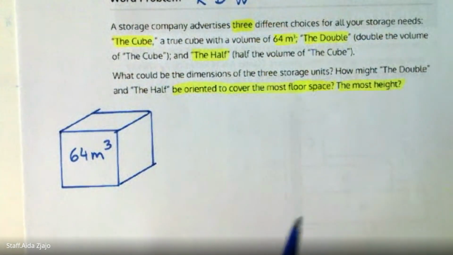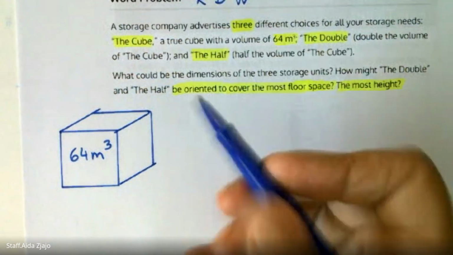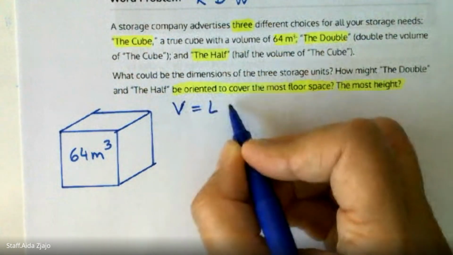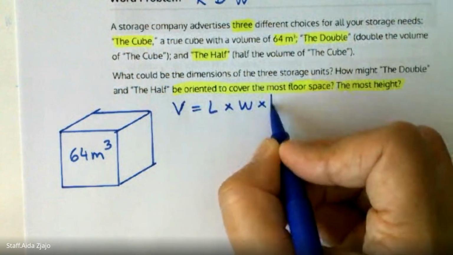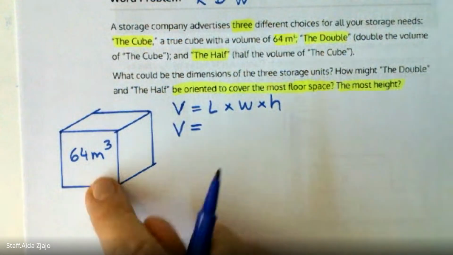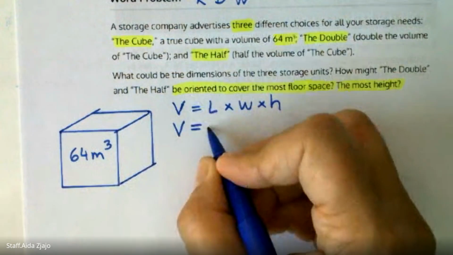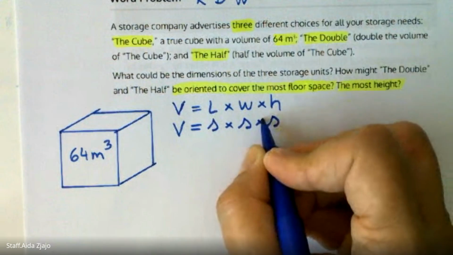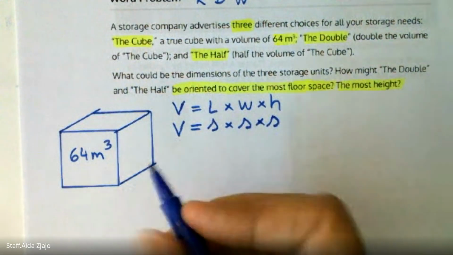And then when you think about what volume really is, it's length times width times height. So if I have a cube, everything has to be s times s times s. The sides have to be the same.